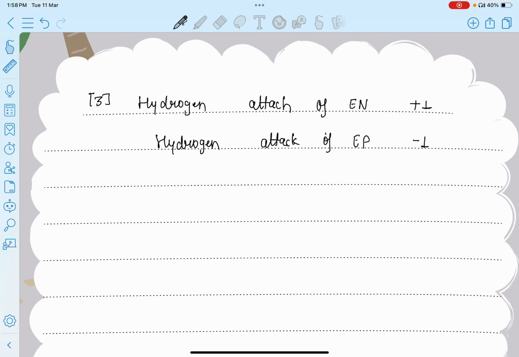So hydrogen has two oxidation states in its compounds.